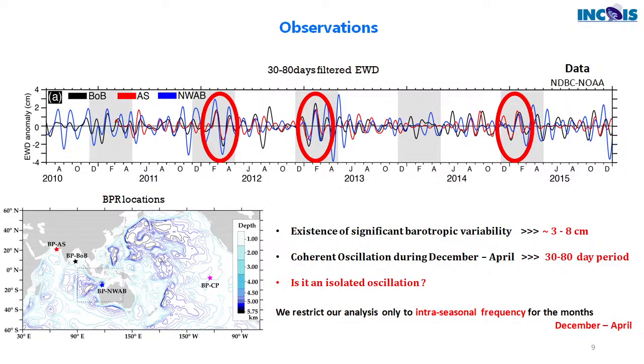And as I told you, I have low passed it to 100 days. It is because large scale or small scale low frequency variabilities are very confusing, whether this bottom pressure recorder is sitting in the mud or the sand in the ocean. So it also varies. The weight of this bottom pressure recorder alters the sea level because it goes down or up according to the mud, or the condition of sand it is sitting on.